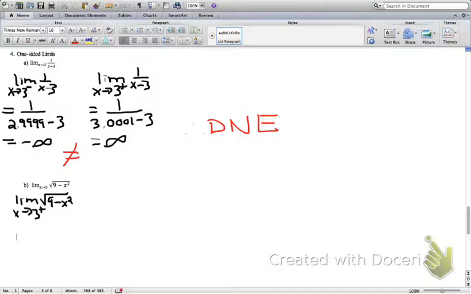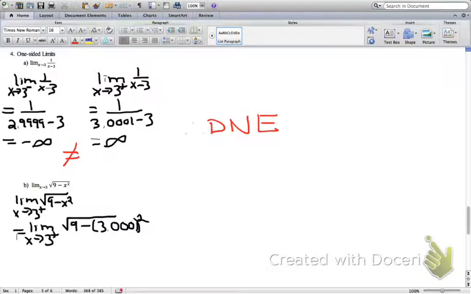First, this time we'll look at it as it approaches from the positive side. When it approaches from our positive side, we are just going to substitute a value in that's really close to 3, but on the positive side of 3. So again, 3.0001 squared.